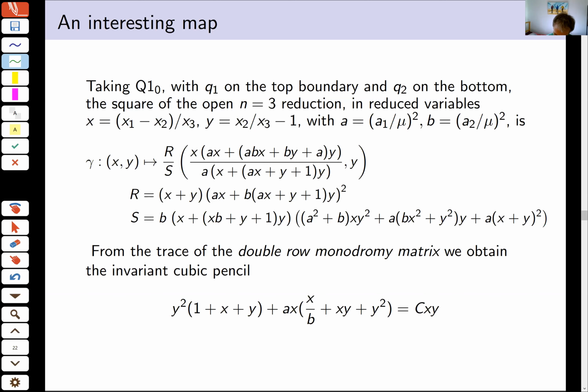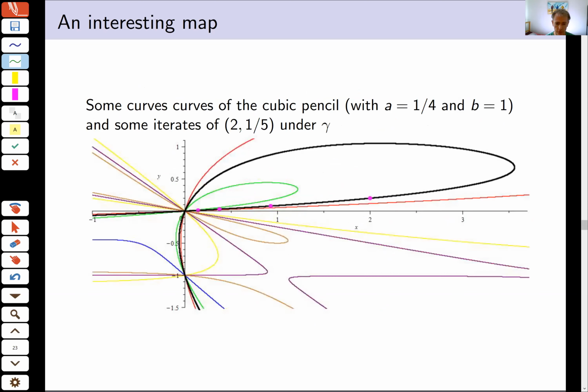And in this picture, I have drawn some curves. Each curve has its own color, and there is one curve in black. And if you start with one point on that black curve, you apply the map, you get another point. So we apply the map to this point, for example, and we get to that point, we get to that point, we get to that point.